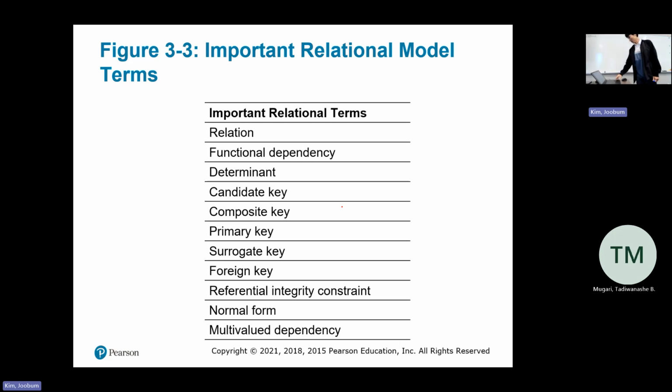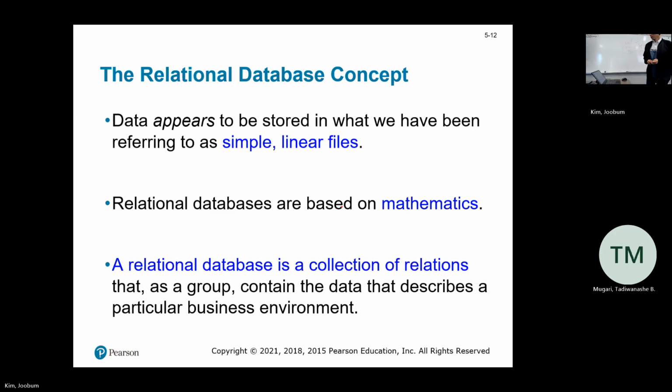So you should know what those mean. Basically, in the relational database concept, data appears to be stored as simple, linear files. That's all of the relational database: just a simple linear file or table, whatever we are trying to store the data in.